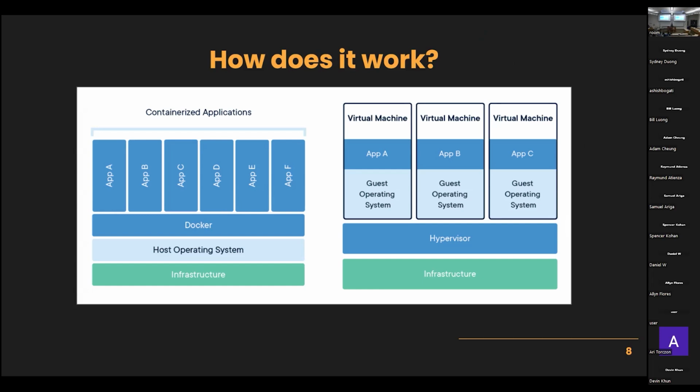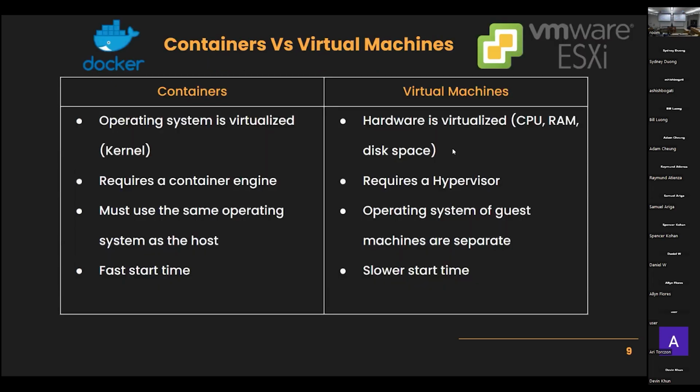So what that means is, what can you configure? With Docker, the most you can mess around with is on the operating system level. So that's your file systems, your users, your command line, and all that stuff. But with virtual machines, the hardware is virtualized.